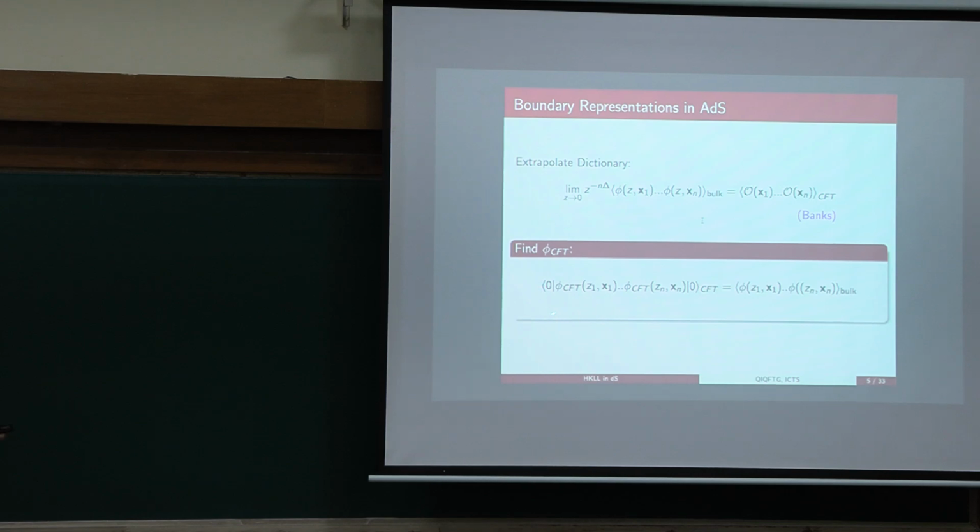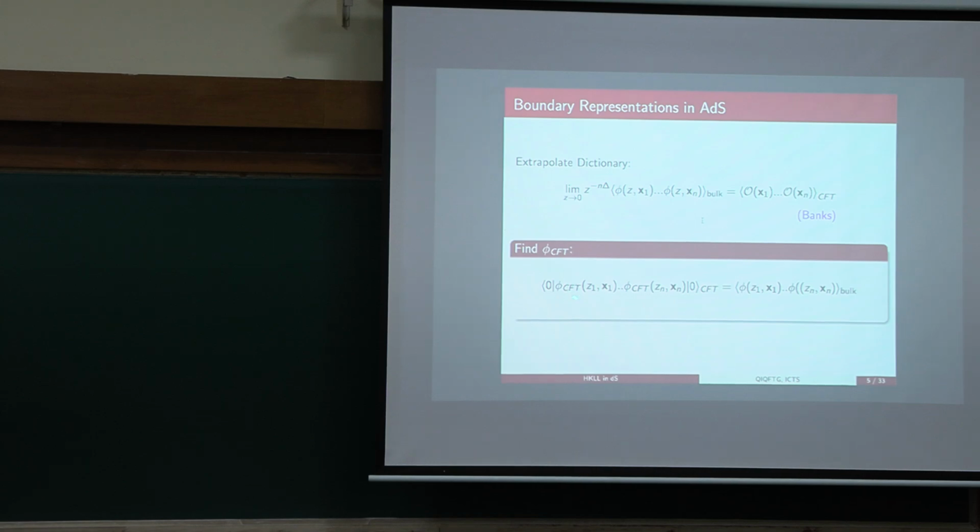So what we want to construct are these phi_CFTs. So some boundary operator, which I am calling phi_CFT, which is labeled by some bulk points, and if I take this left hand correlation function in the CFT, where this 0 is the vacuum state of the CFT, do this whole thing in the CFT, then that should reproduce the bulk correlation function of the field phi.